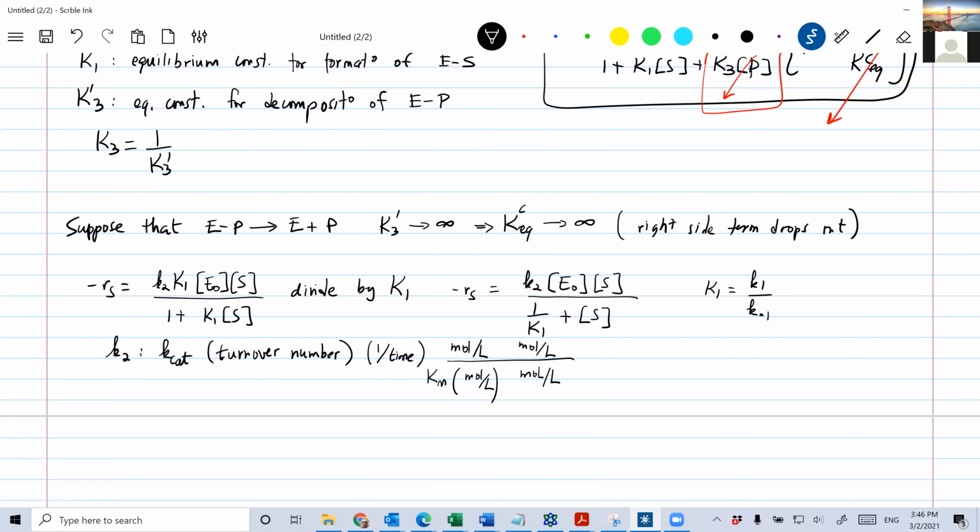So you can see from the units that this is consistent.